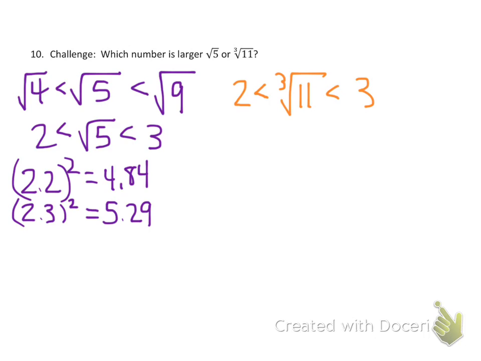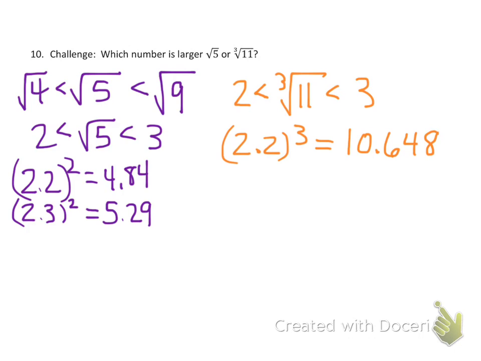So let's check 11 cubed. The cube root of 11 is going to be way closer to 2, because 2 cubed is 8. Remember, this was 8 and 27. So it's pretty far away from 27. So let's try a number close to 2. Let's try the same 2.2. 2.2 cubed is equal to 10.648.